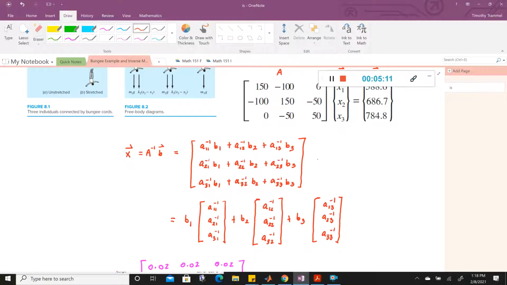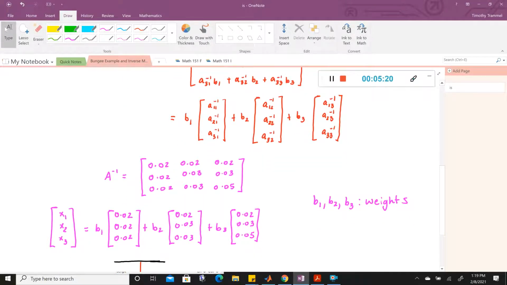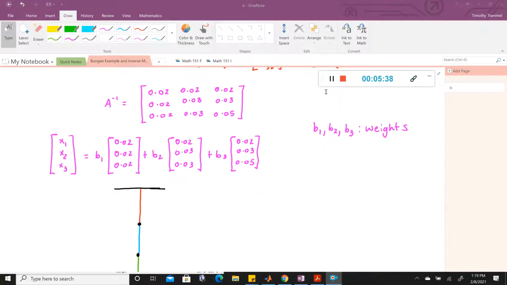And so in order to do that, I want to do a concrete example. So I've actually gone and computed A inverse here for us. It is this matrix right here. And then I've written it in this vector form down here in hopes that it will help us interpret what is going on.